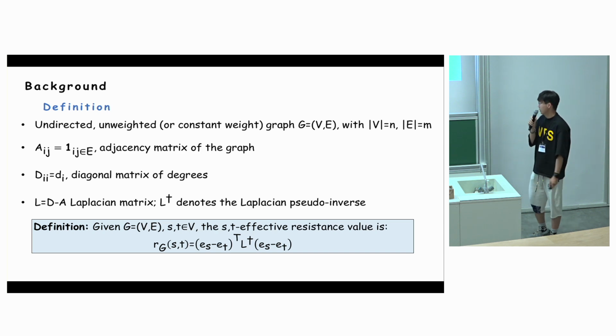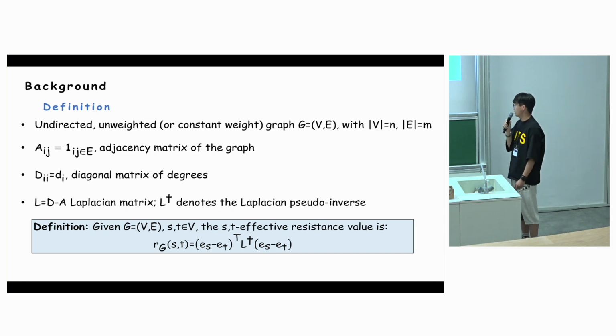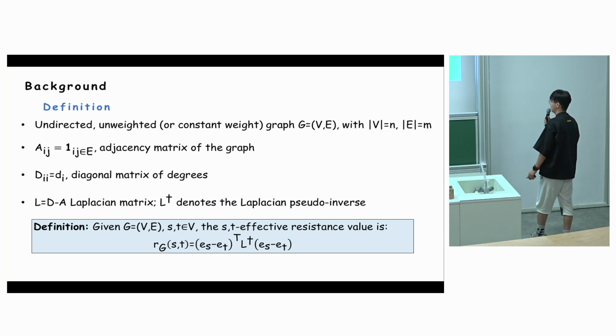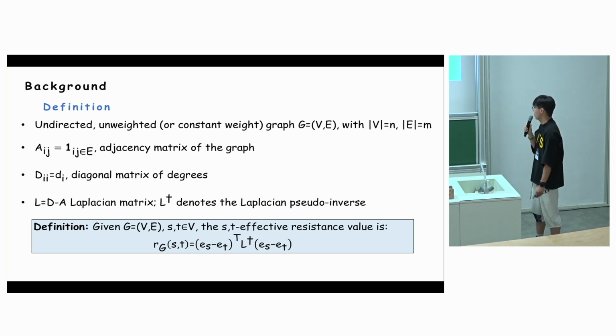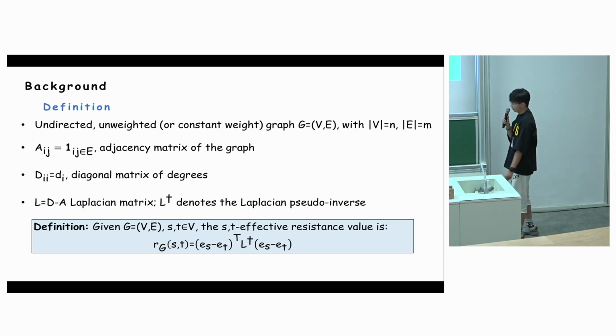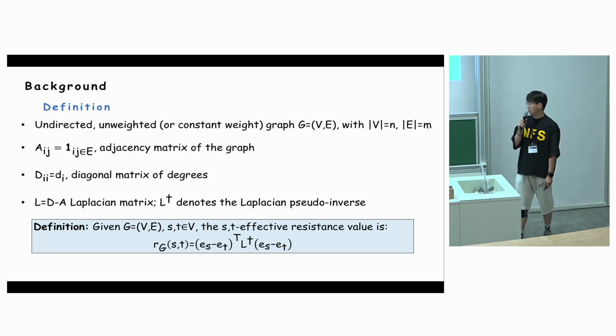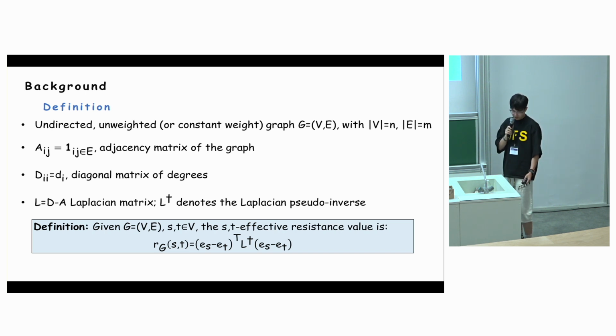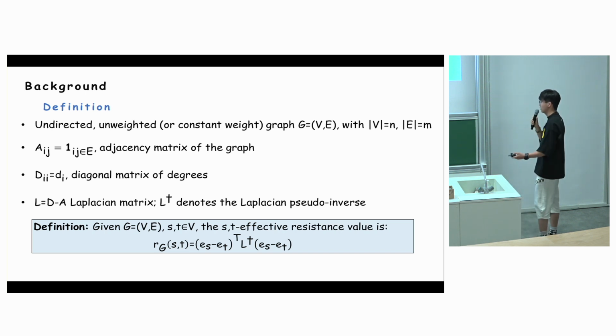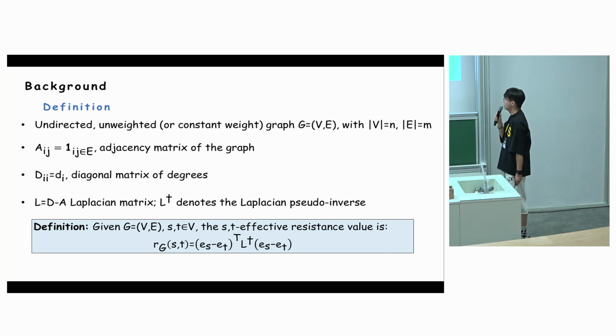The s-t effective resistance is formally defined by R_G(s,t) equals (e_s minus e_t) transpose times the Laplacian pseudo-inverse times (e_s minus e_t), where e_s and e_t are the one-hot vectors that only take value 1 at coordinate s or t and 0 otherwise.